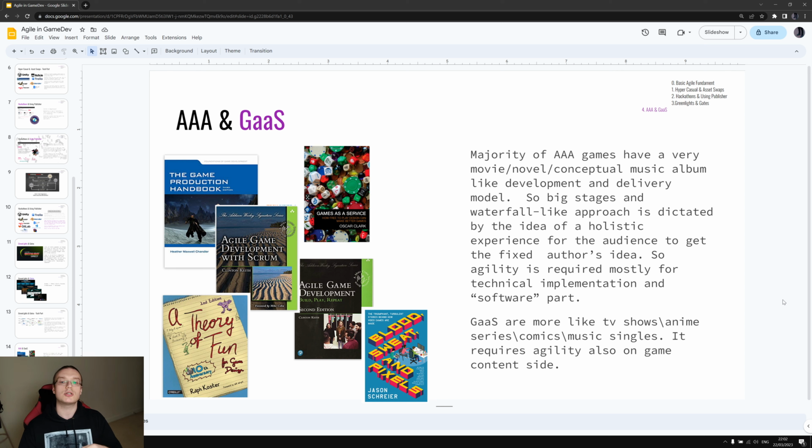And this is not only the development part, but also the art part and also the business part. So all of these three things are connected and they're equally important.